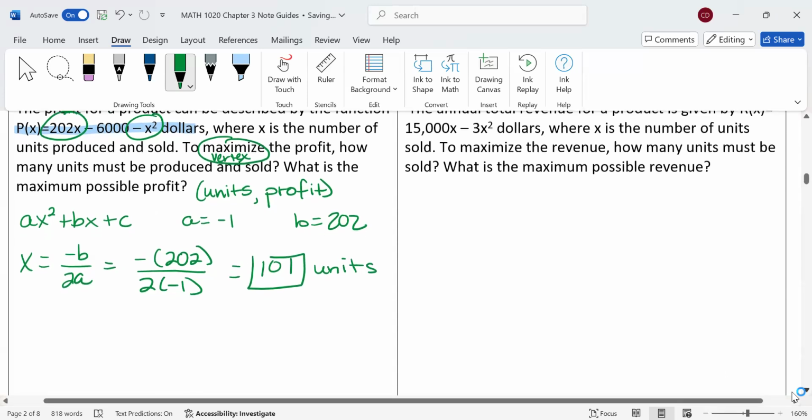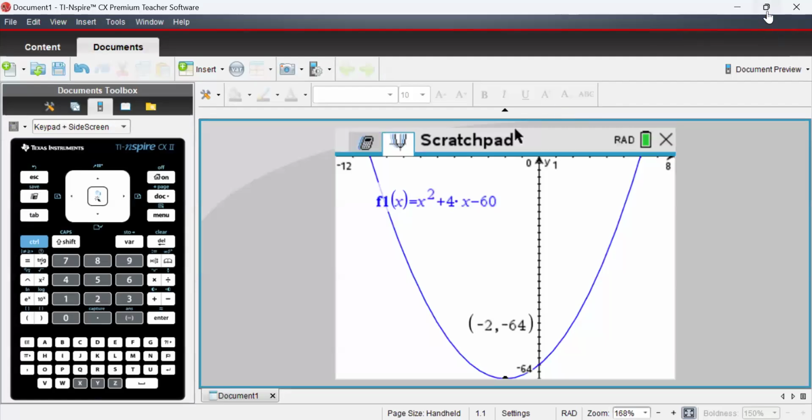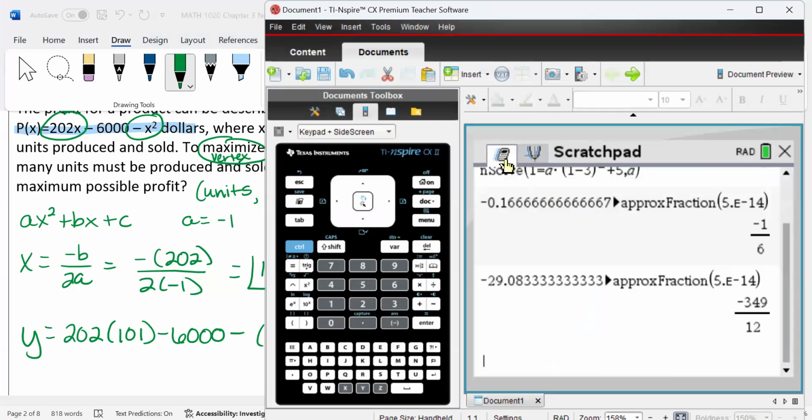So if we have the x, how do we find the corresponding y? We're going to plug in that x value. So let's pull out the calculator, make it a little bit smaller. All right, you go back to the calculate screen.